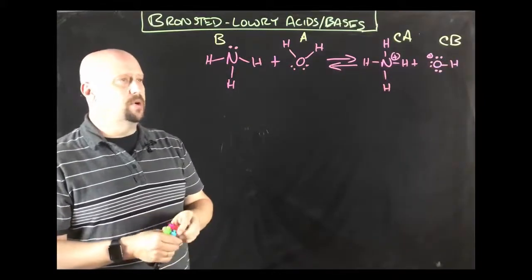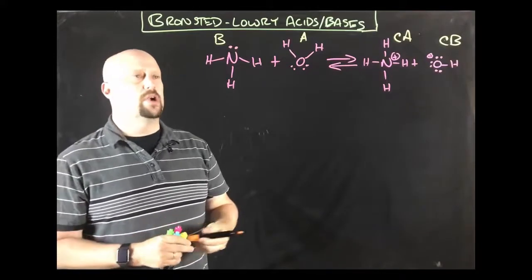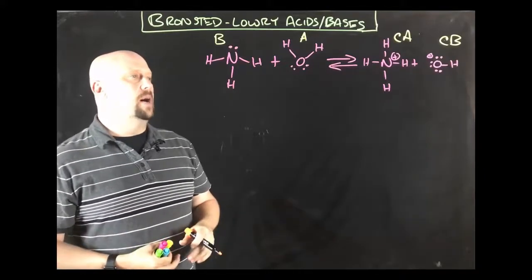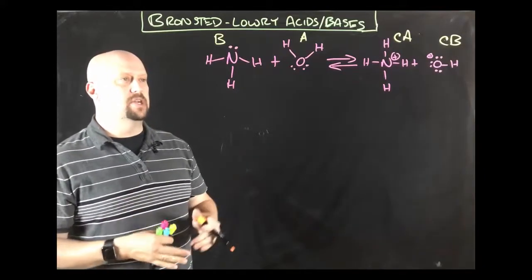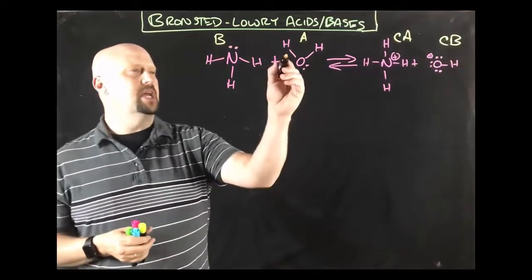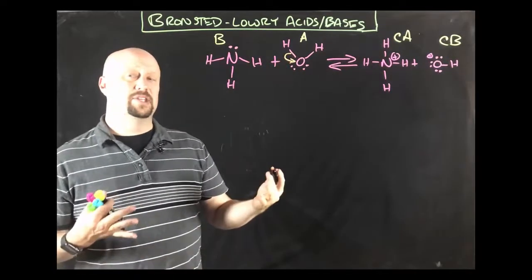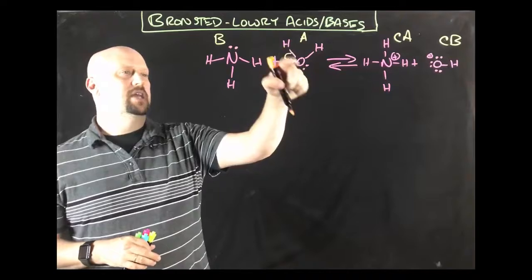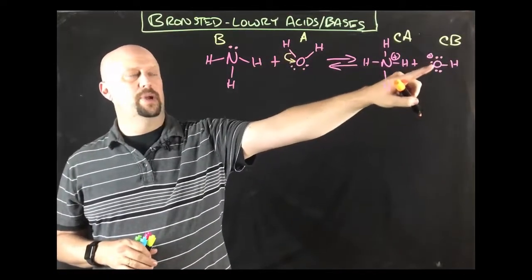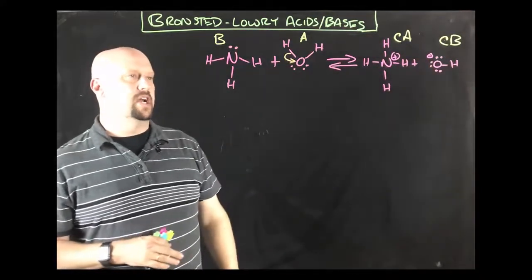What also is really important for us to note here is that much like our curved arrows in resonance, we're going to draw curved arrows to show how things are happening here in our conjugate acid-base pair. So we want to see where the electrons are going. In this case, I'm going to say that my electron pair, or I could say my region of electron density, is going to leave the bond between the hydrogen and the oxygen, and it's going to form a lone pair on this oxygen over here, which is obviously going to give this a formal charge of -1.